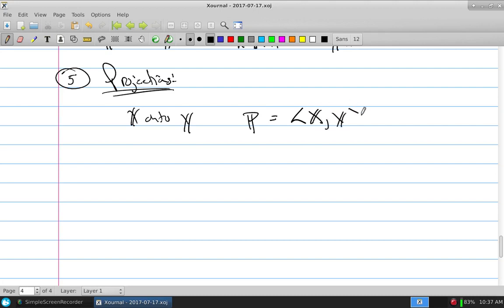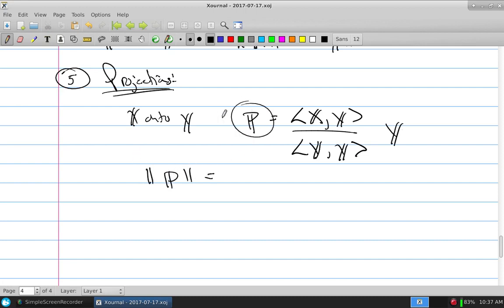That's the xy inner product divided by y transpose y, which would be the yy inner product, times y. Exact same formula. How long is that? This is called the vector projection. Its length would be called the scalar projection. And what is its length? It's going to be what? The xy inner product divided by the length of y. Where did that come from?